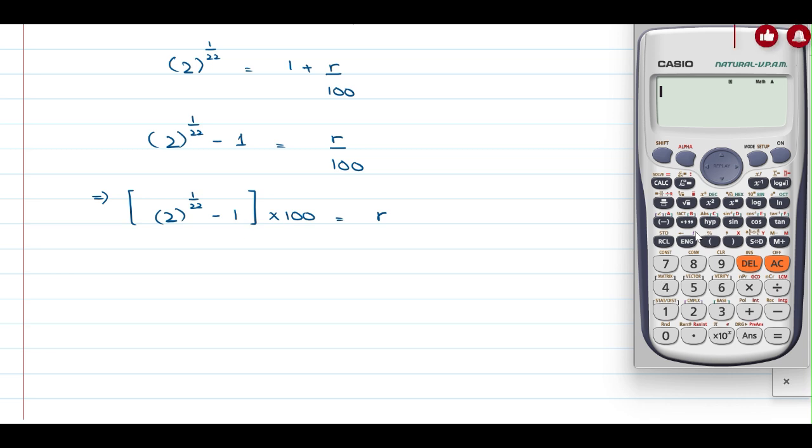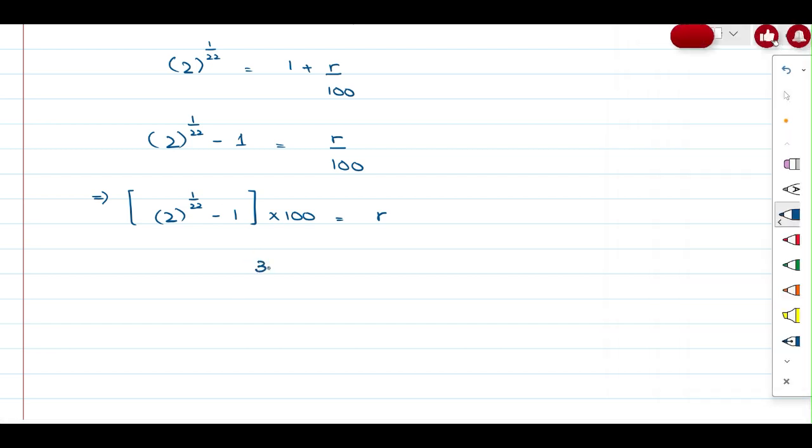Bracket 2, its power is 1 over 22, minus 1, close the bracket, and times 100. This is 3.2%. So the r value is 3.2%.